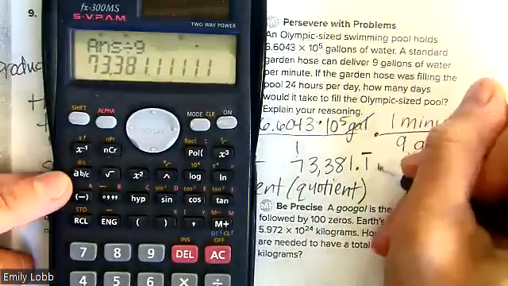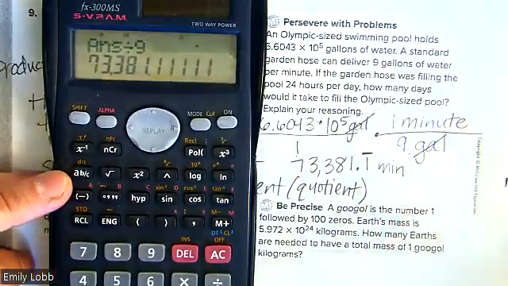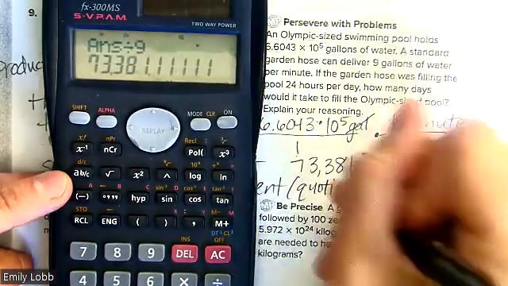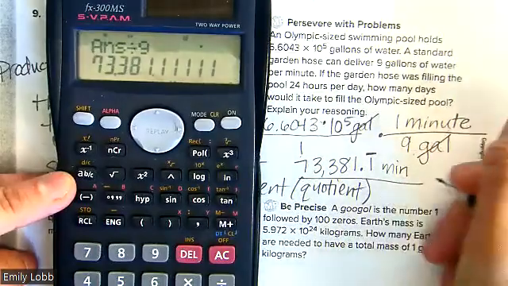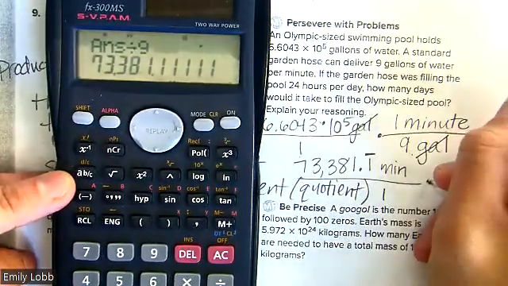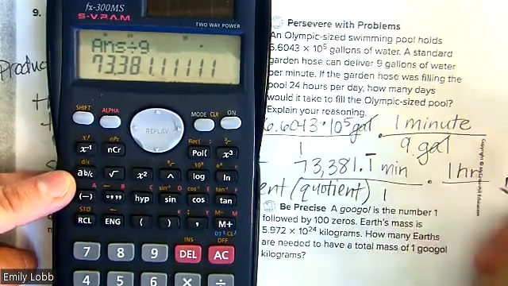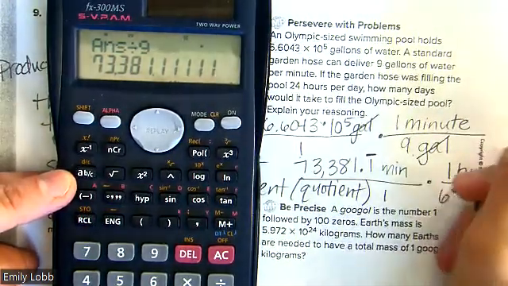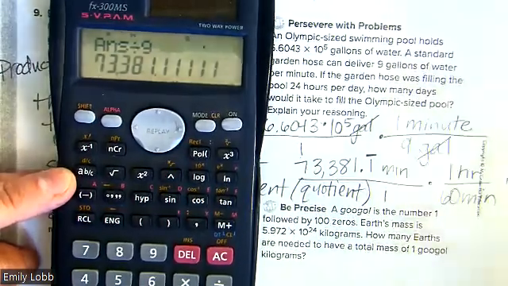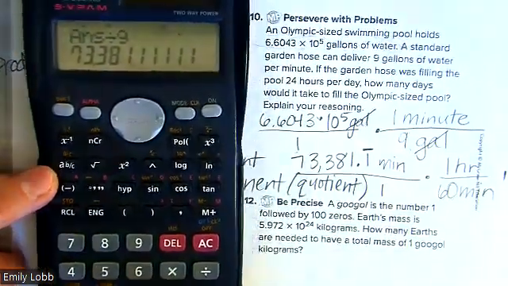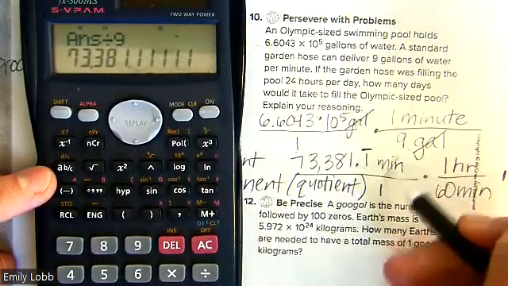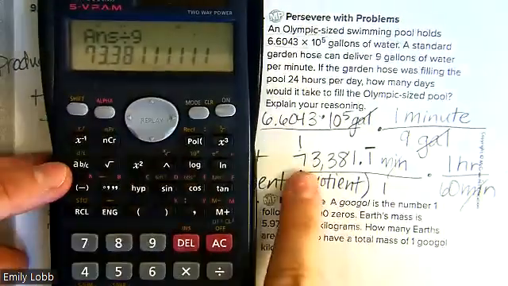Now, this is how many minutes, but I want to get rid of minutes. So I'm going to multiply it by how many minutes are in an hour. 60 minutes. So I'm going to really be dividing this by what?